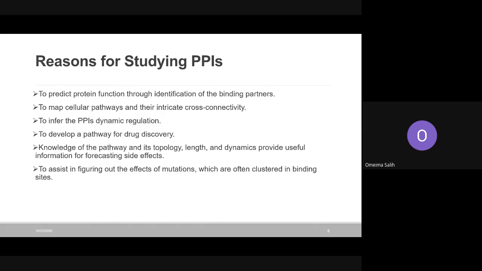So knowledge of this pathway, its length, its dynamics is very useful for defining the side effects also, if you produce any drug, what its side effect is, how it interacts with other proteins, other chemicals, maybe metals, and so on. So these are very important to study. That's why it's very important to study protein-protein interactions.